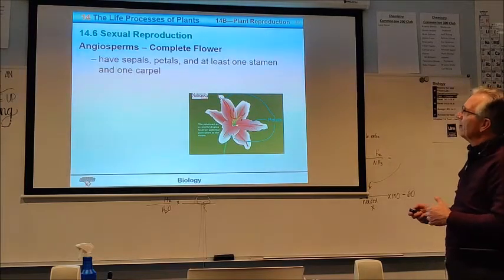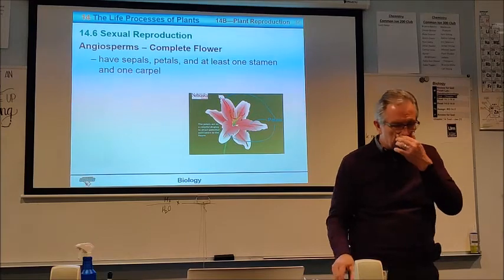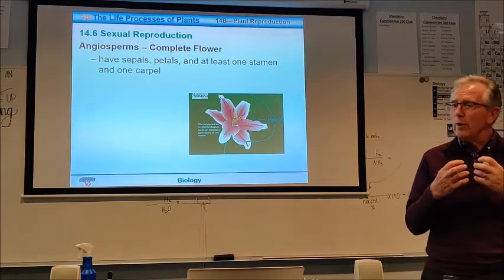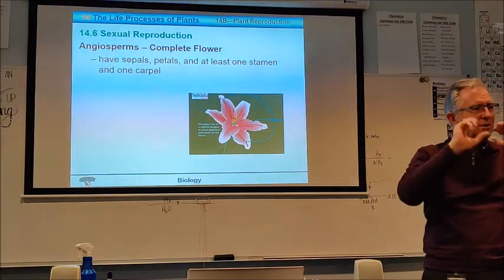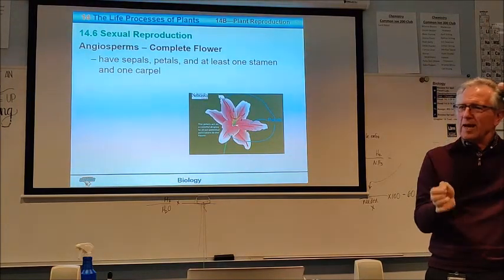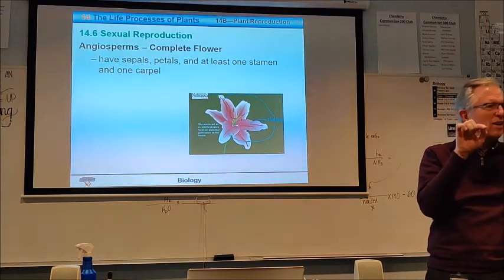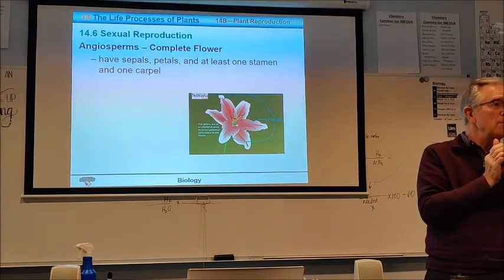Here's a complete flower. It has sepals. Now, sepals are, if you've ever looked at a rose, and you look at the backside of the rose, not the part that you always look at, but the backside of it where it's attached to the stem, they look like little leafy petals on the backside. Those are called sepals.